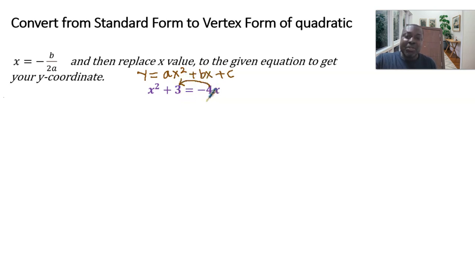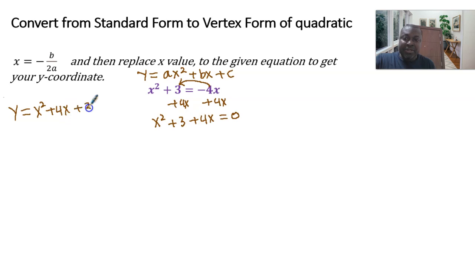So bringing it, that means you're adding 4x squared here and you're adding 4x squared here. 4x squared equals 0. Now from here you can say, oh, y is equal to, now I'm going to arrange it in ascending order, x squared and then plus 4x and then plus 3.